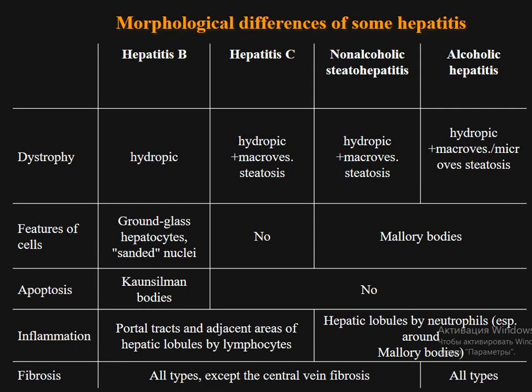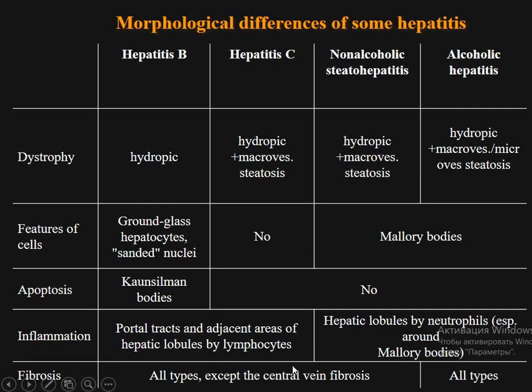Inflammation. In case of viral hepatitis, portal tracts and adjacent areas of hepatic globules are infiltrated by lymphocytes. In case of non-alcoholic and alcoholic hepatitis, we see the presence of neutrophils. Yes, we will see mononuclear infiltration, but we will see neutrophils especially around Mallory's body.